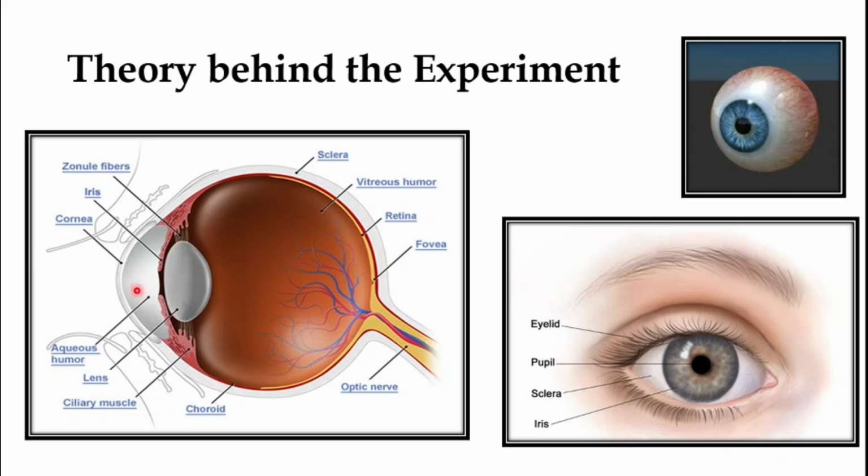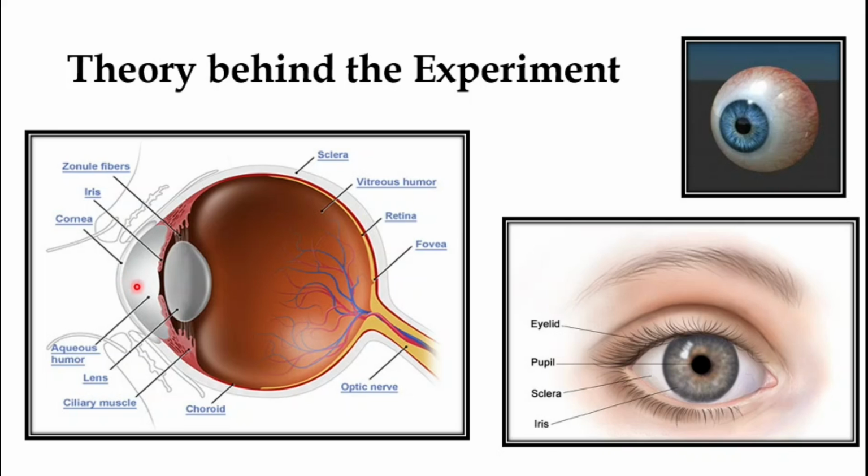Also, there is a space between the cornea and the iris. This space is known as the anterior chamber. Also, there is a small space between the iris and the lens, which is known as the posterior chamber.